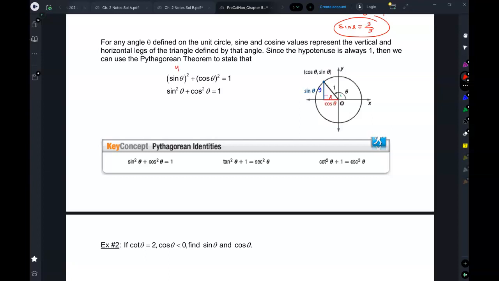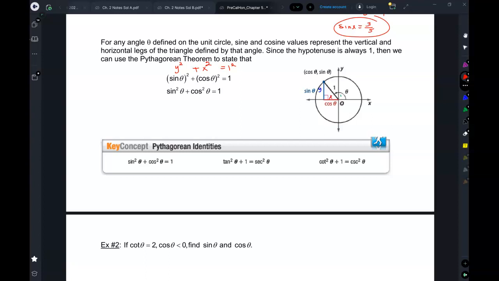It says y squared plus x squared equals 1 squared, right? Yeah, we know this. Okay, what's y? Sine of theta squared. What's x? Cosine of theta squared, equals 1, right? Another way of writing sine of theta squared is sine squared theta. Sine squared theta plus cosine squared theta is equal to 1.